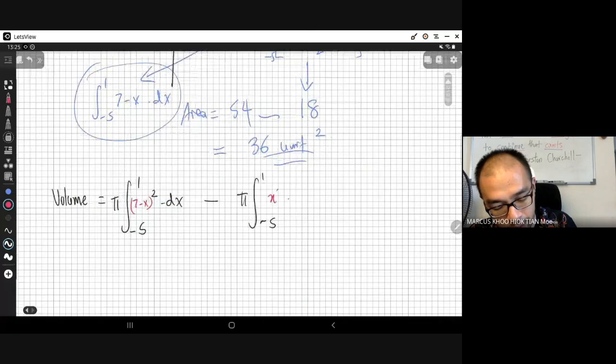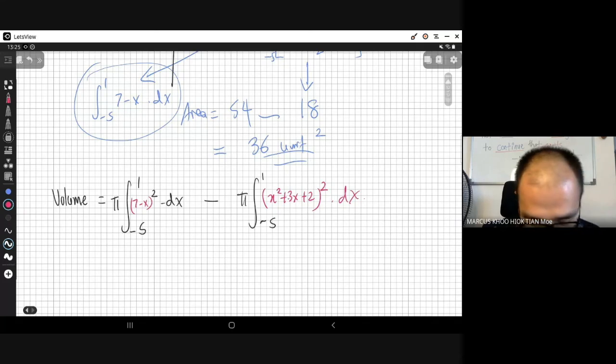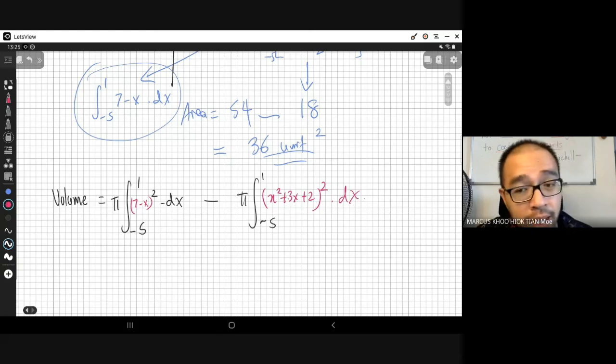So x squared plus 3x plus 2, the whole thing squared terhadap dx. Wow, this is so bad. Actually it's a very bad question. It's not something that you are supposed to do. This was something that I did when I was in school, but not something that we do nowadays.